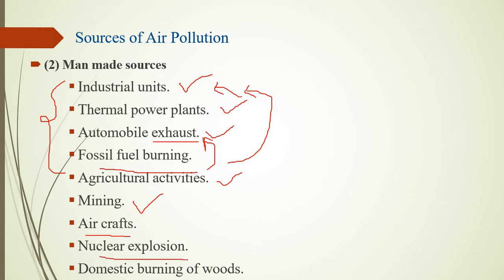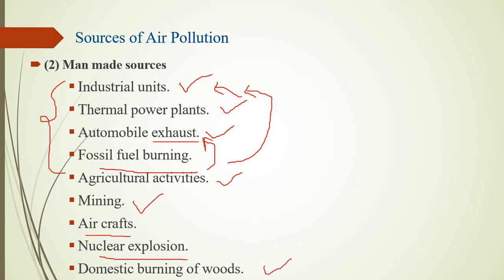Nuclear explosion: sometimes we have to use nuclear for our safety, or sometimes create some experiments with nuclear. That is also a nuclear explosion, and it creates air pollution. After the complete nuclear process, it creates some types of gases and releases them to the atmosphere, creating air pollution.